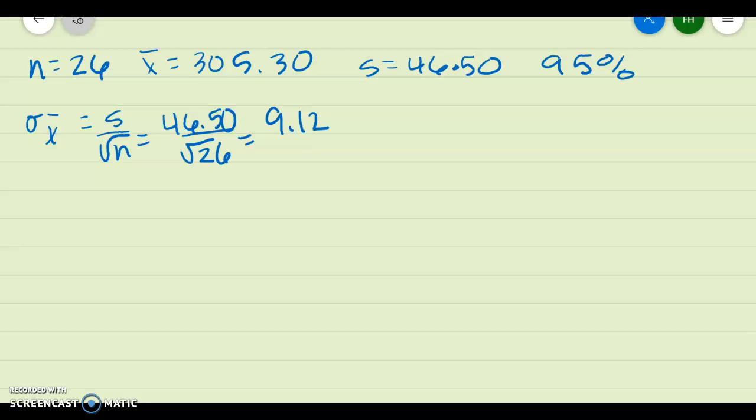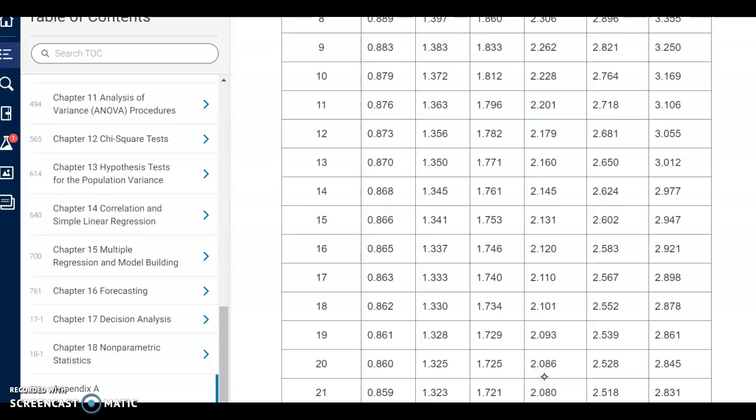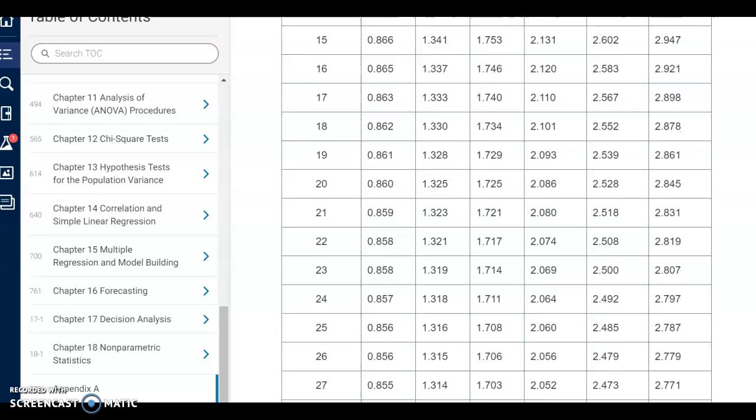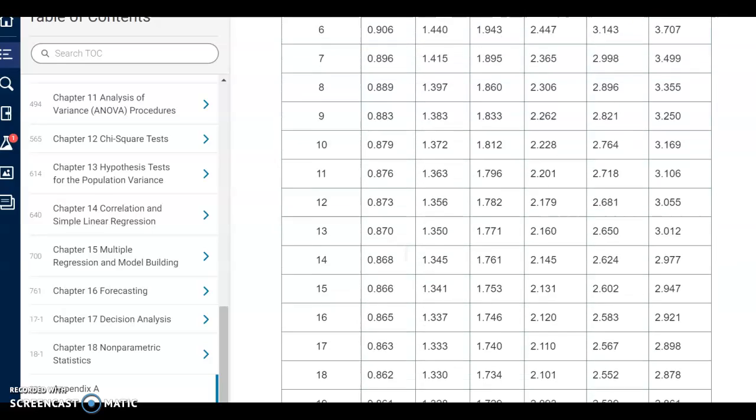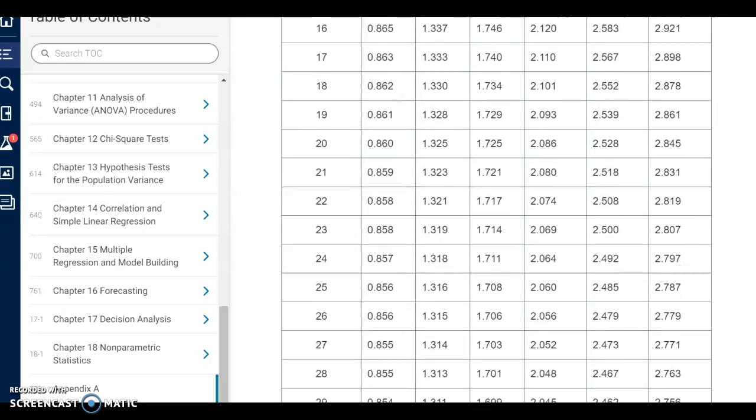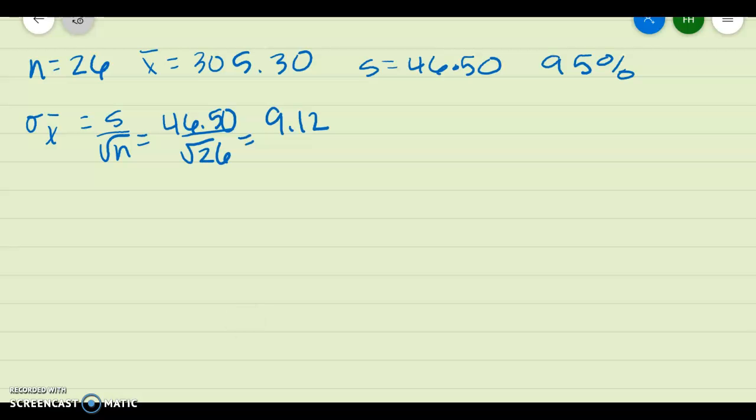So our critical value here: our degrees of freedom is 26 minus 1, which is 25, and we're looking for a 95% confidence interval. 95% is going to be the fourth value. So go to 25 and go to the fourth value. It's going to be 2.060. So we're going to do our confidence limits or intervals.